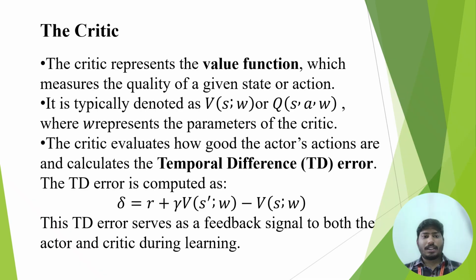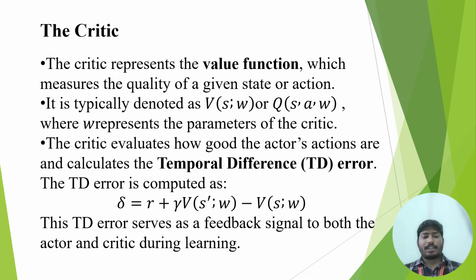The critic. The critic represents the value function which measures the quality of a given state or action. It is typically denoted as V of s, w, or Q of s, a, w, where w represents the parameters of the critic. The critic evaluates how good the actor's actions are and calculates the temporal difference error.